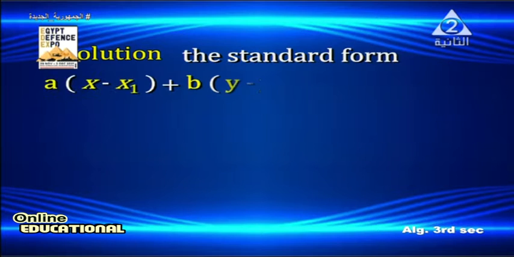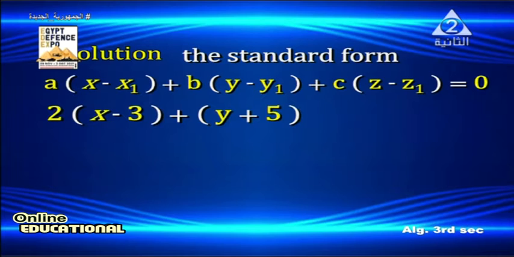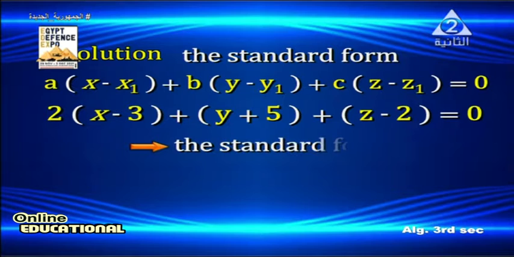The standard form is a multiplied by (x minus x1) plus b multiplied by (y minus y1) plus c multiplied by (z minus z1) equals 0. By substitution of a, b, c and x1, y1, z1, we deduce that the standard form is 2 multiplied by (x minus 3) plus (y plus 5) plus (z minus 2) equals 0.